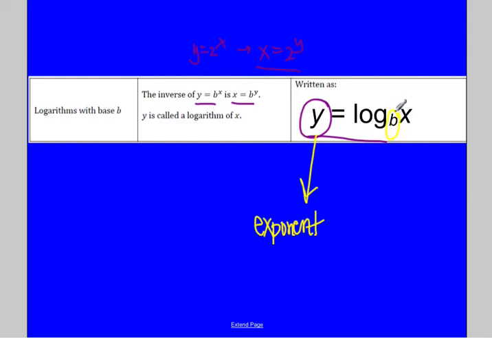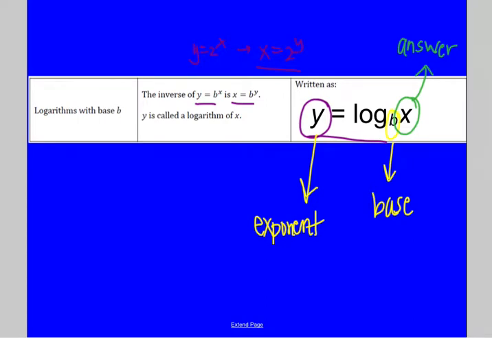I have 2 on this one, but here it is b. b is my base, the bottom part, whatever's being taken to the exponent. And x is the answer. Today we're going to work on converting between logarithmic forms. So y is the exponent, b is the base, and x is my answer.